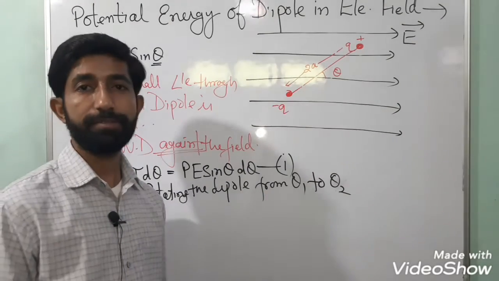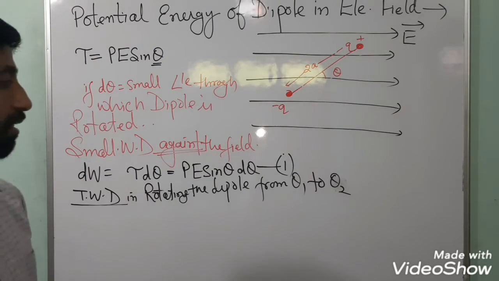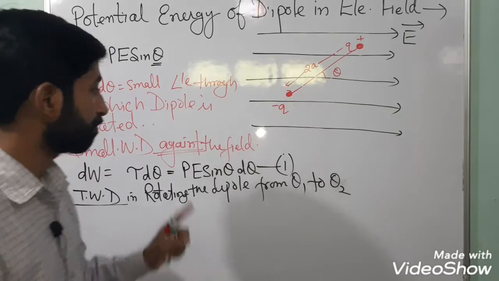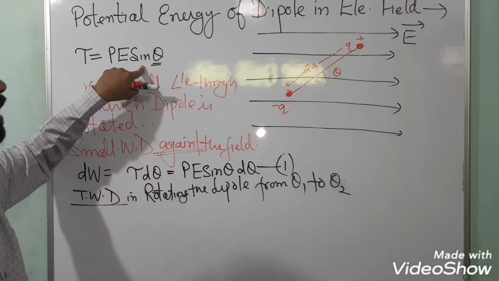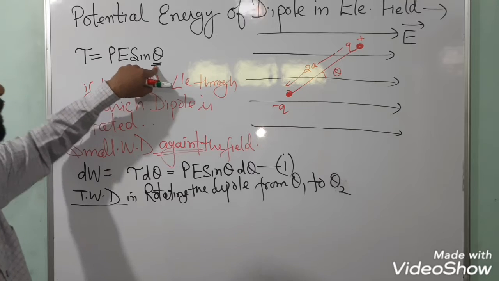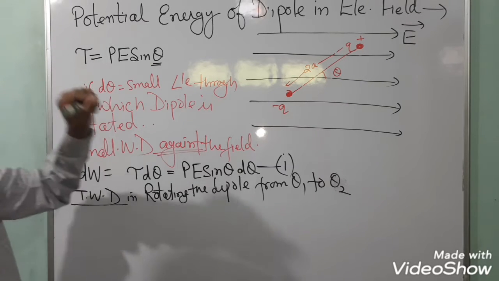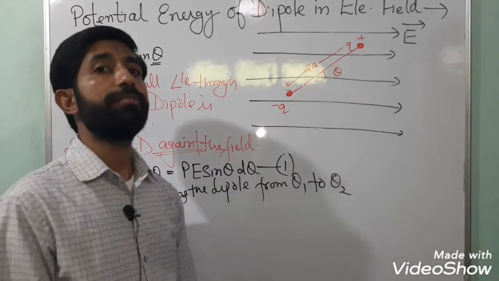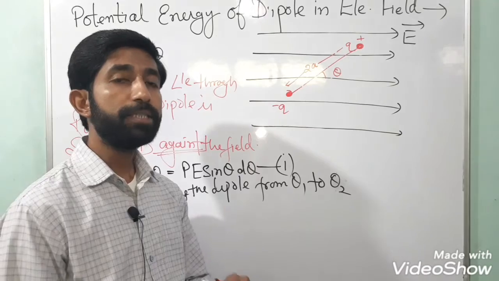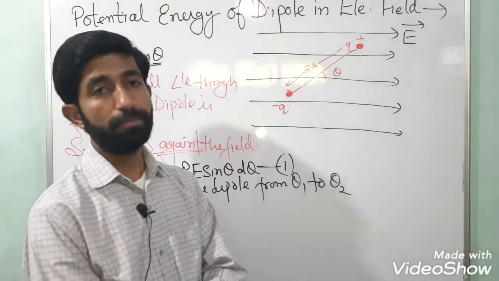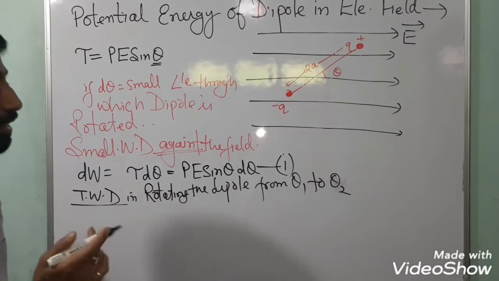You must be getting the intuition that we will be going for integration. Why do we go for integration? Because as the angle changes, the value of torque changes. As theta increases or decreases, the torque increases or decreases simultaneously, so at every angle of its rotation, the torque will be different. So every time a different amount of work is performed by the doer. So total work is calculated by integration.